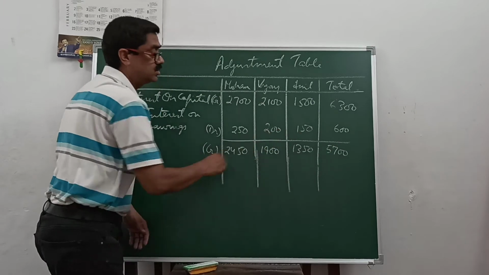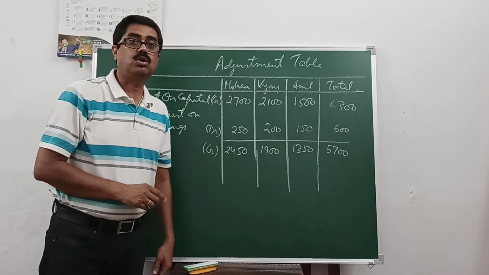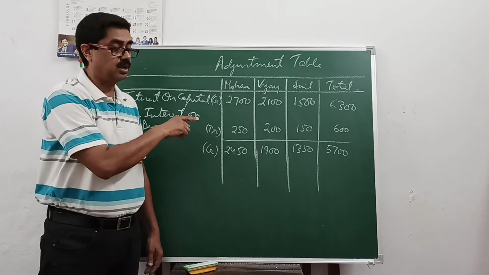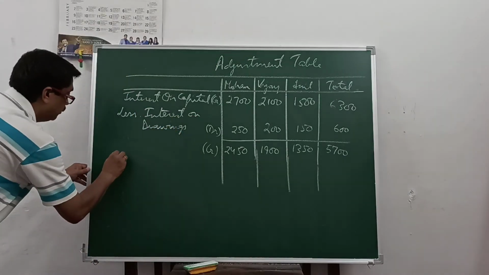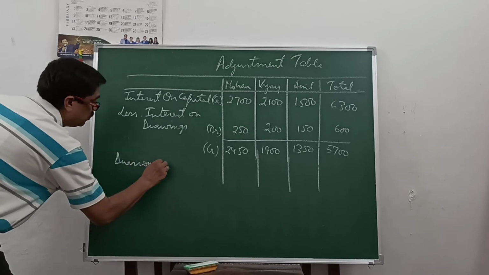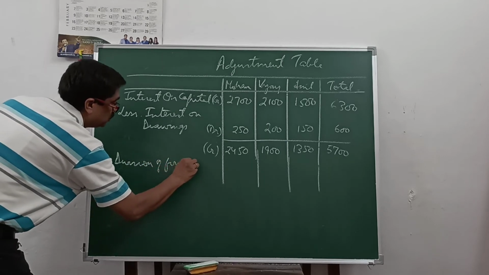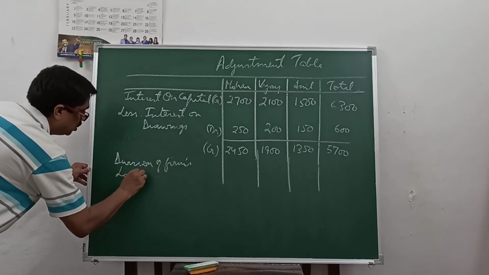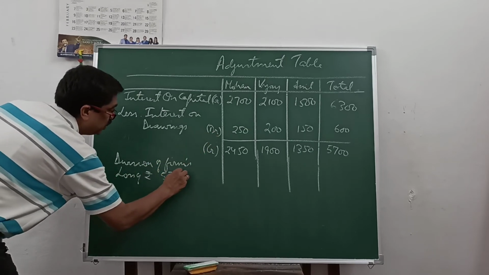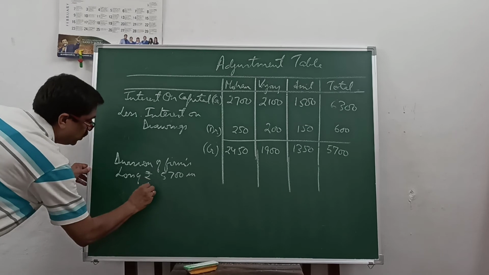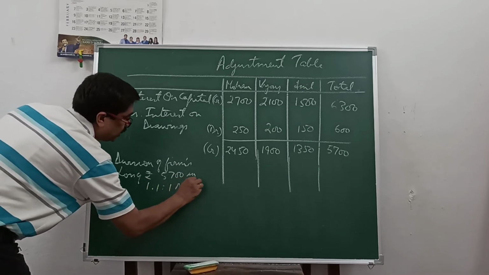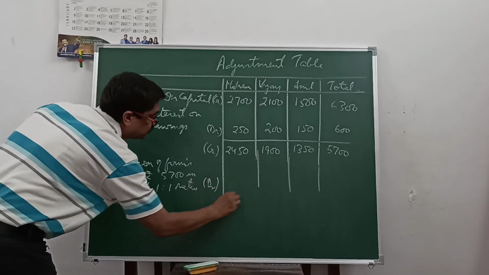Now since this is the expense or loss to the firm which has to be borne by the partners, it will be in the profit ratio. Division of firm's loss of rupees 5,700 in 1:1:1 ratio. This has to be debited in the capital account.